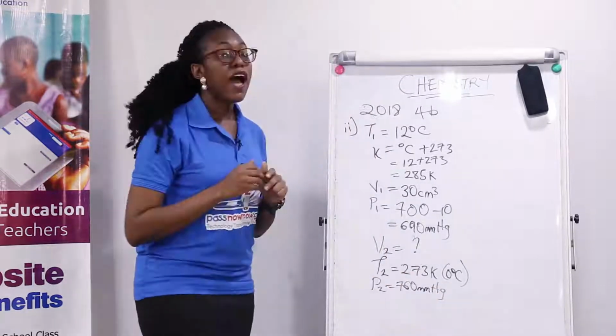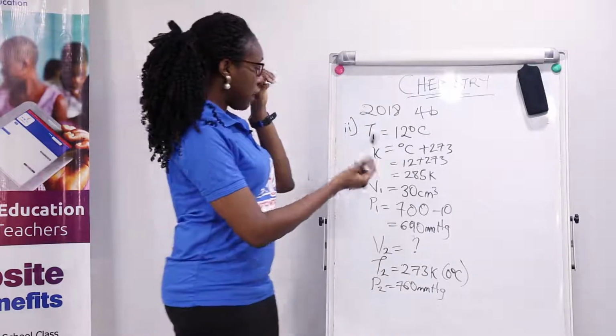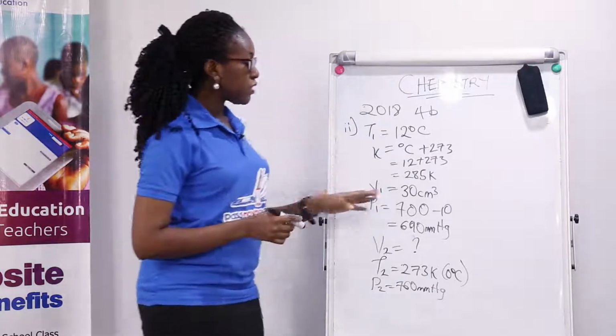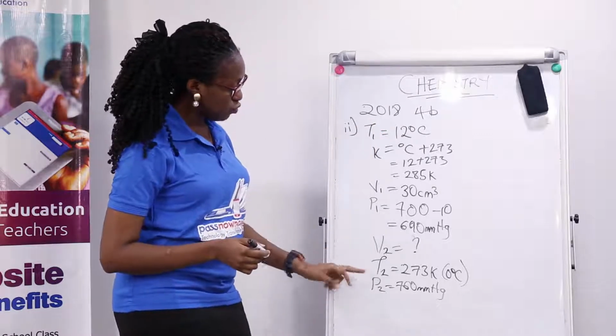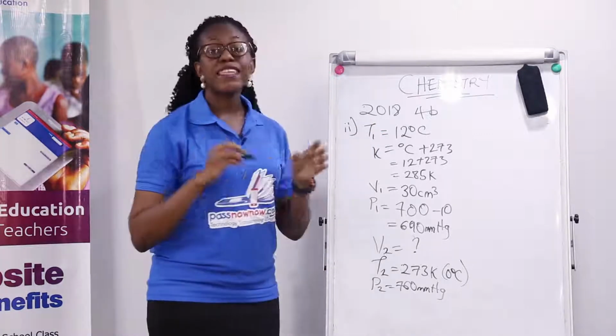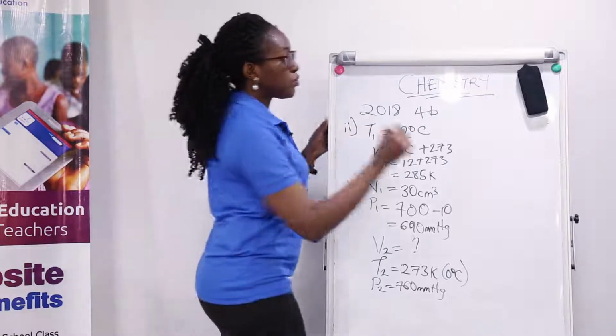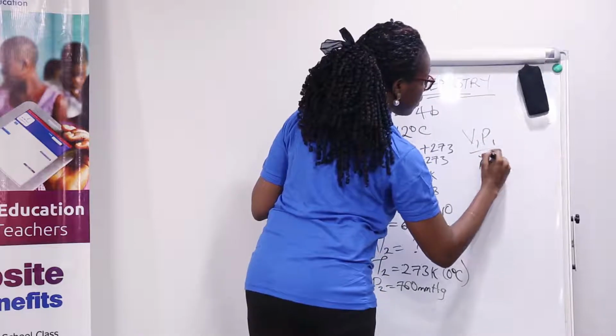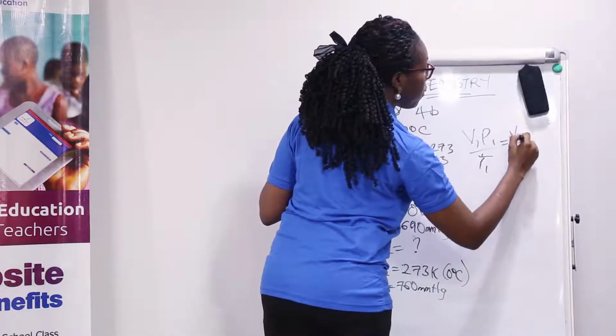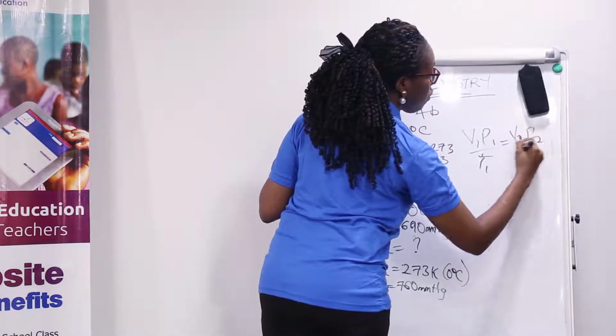So since we have our values, initial volume V1, T1, P1, V2, T2, P2, this is in alignment with the general gas equation, which is V1 P1 over T1 equals V2 P2 over T2.